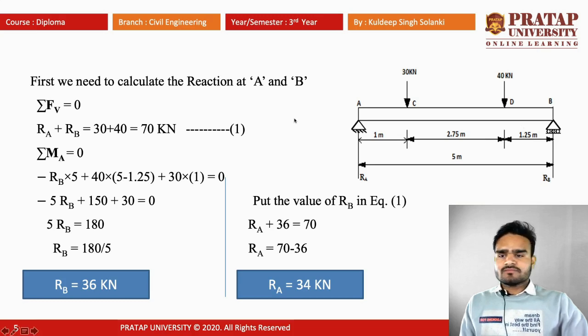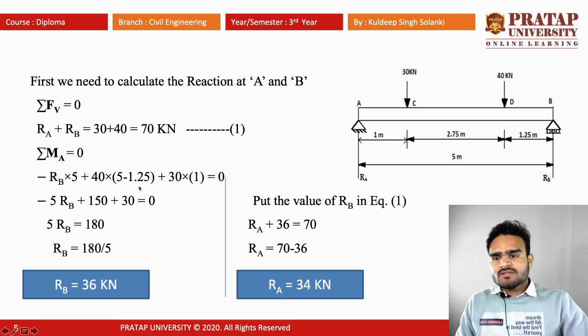And for 40, 5 minus 1.25, this is our 40 kilonewton moment. We will take the moment from A. 40 kilonewton is a clockwise moment, so it will take positive, and the distance from A is 1 meter and 2.75 meter, this is 3.75, and also we can write 5 minus 1.25.